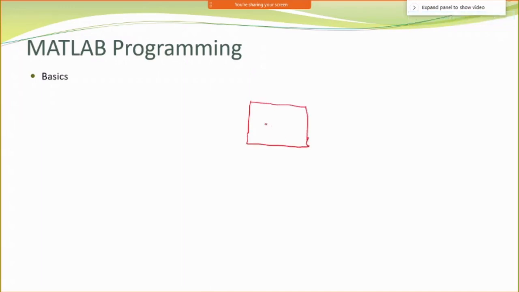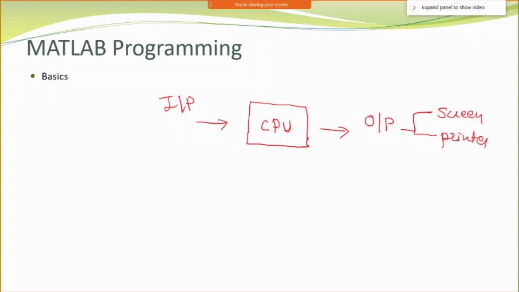This is my CPU, that is a PC, and I'm going to give some input instructions to this, and this CPU is going to process it and create an output. This output may be displayed on the screen or display, maybe a printer output, maybe an output on the web or something like this. So you can have multiple outputs here.